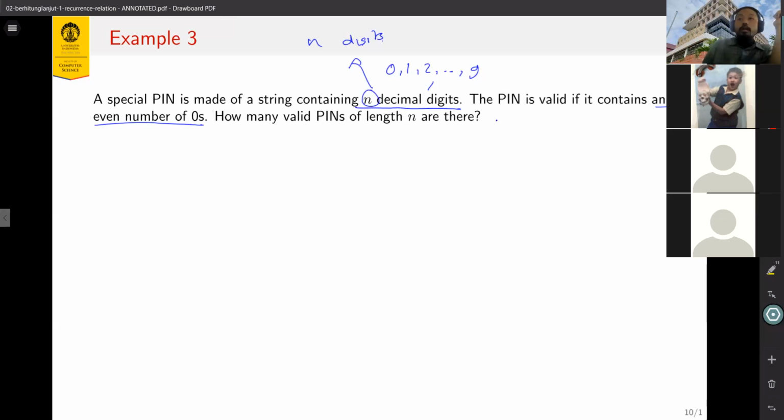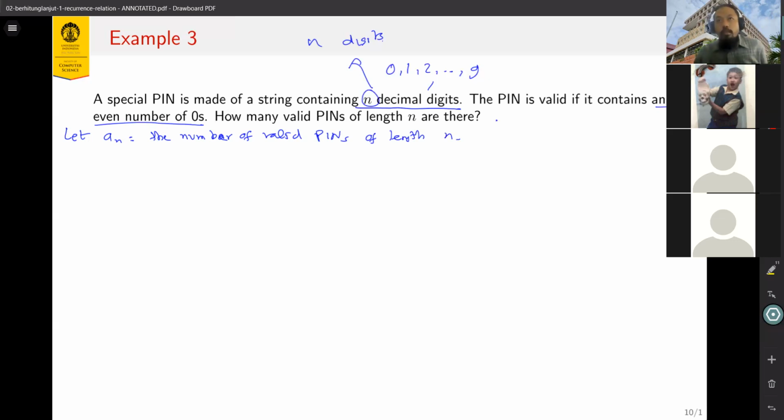So here's what we do. Let an be the number of valid pins of length n.